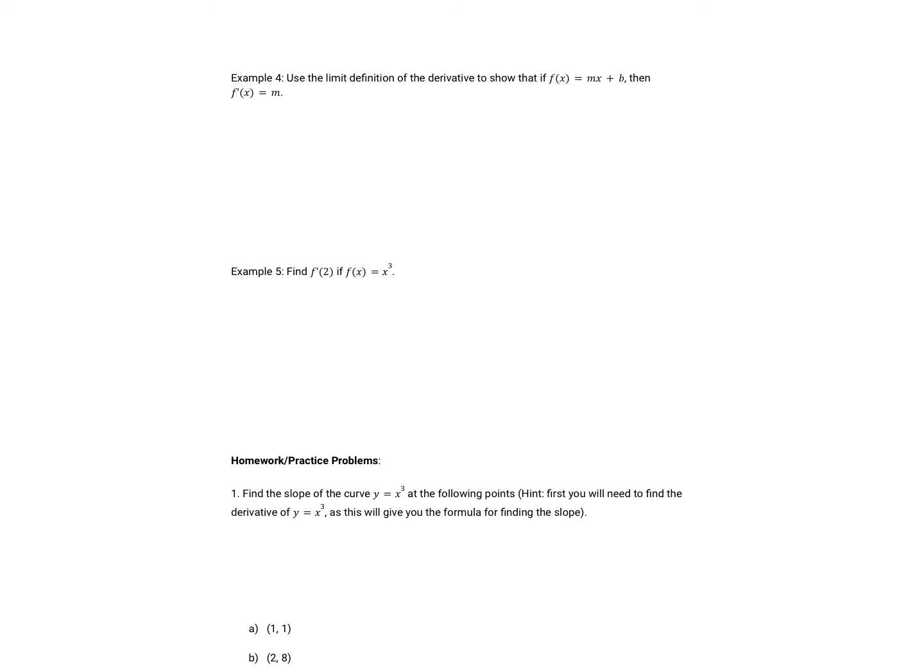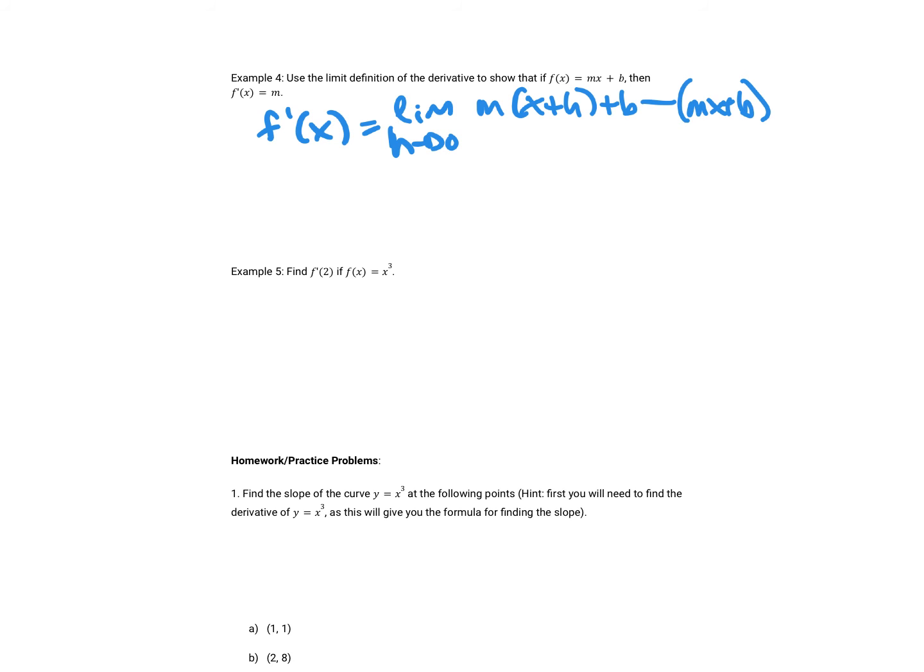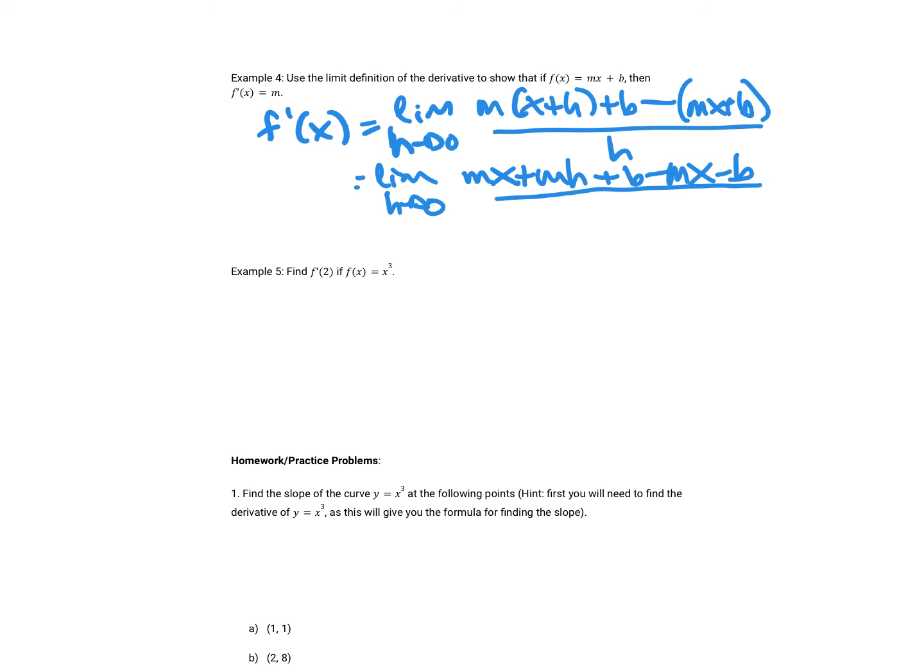So let's prove it. So f prime of x equals the limit as h goes to 0 of, when I do f of x plus h, m times (x plus h) plus b minus (mx plus b) all over h. So this will be the limit as h goes to 0 of mx plus mh plus b minus mx minus b over h.